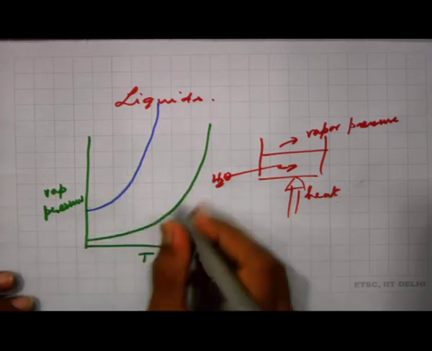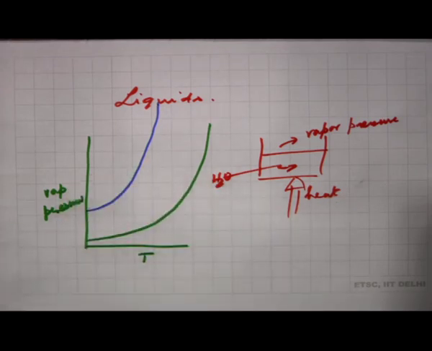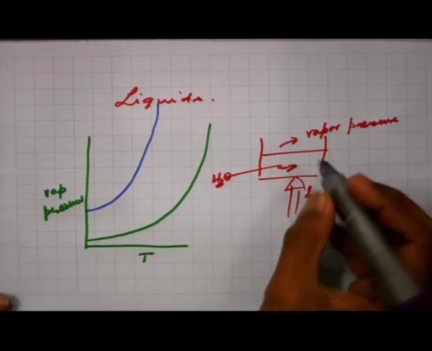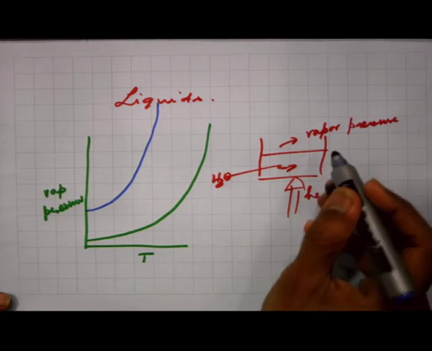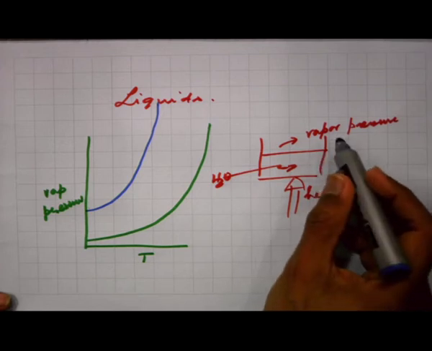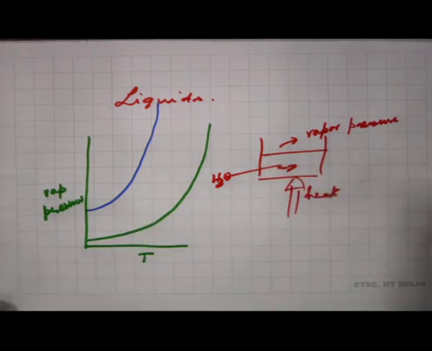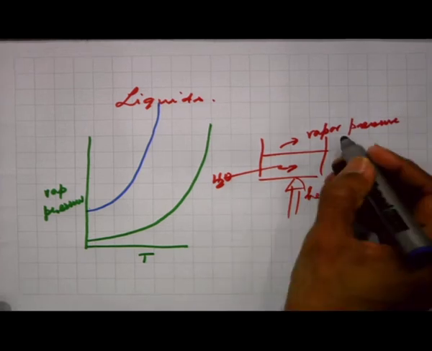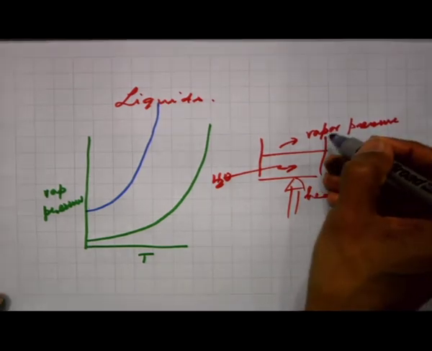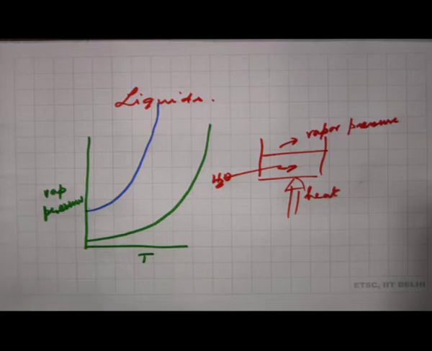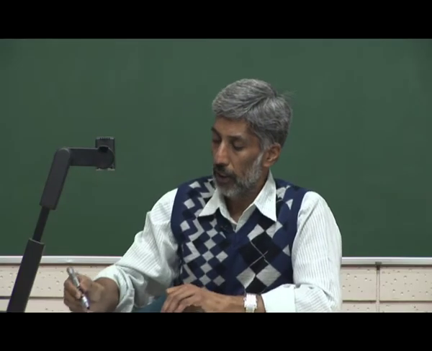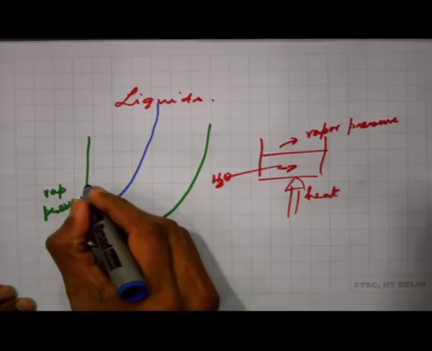So, different gases have different dependence of the vapor pressure on temperature, and the temperature at which the vapor pressure equals the atmospheric pressure, when the vapor pressure matches the pressure on top of it, is called the normal boiling point.